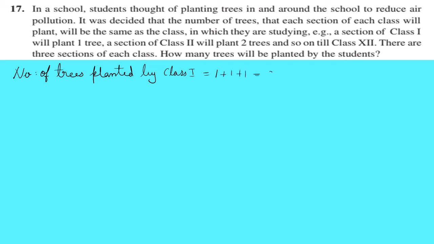So total is 3. The same way, number of trees planted by class 2. Each section is planting 2 trees. 3 sections are there, so total is 6. Same way, number of trees planted by class 3.